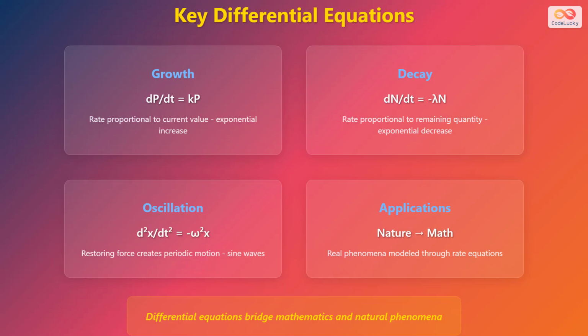The oscillation equation, d²x/dt² = -omega² x, describes periodic motion created by a restoring force, resulting in sine waves. These equations demonstrate how real-world phenomena can be modeled through rate equations. In conclusion, differential equations serve as a bridge between mathematics and the natural world, allowing us to understand and predict change.